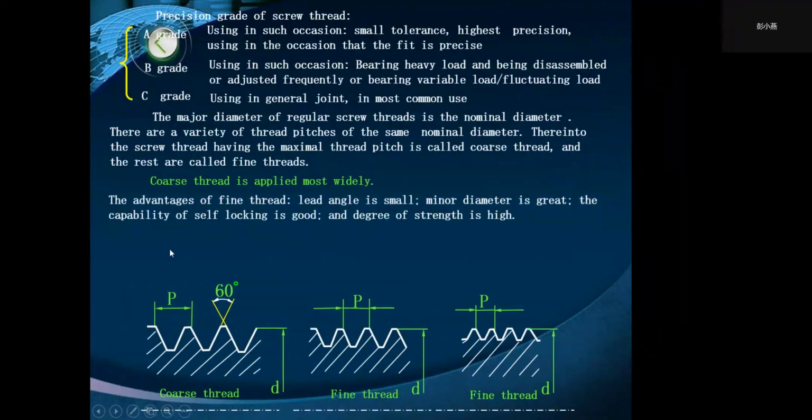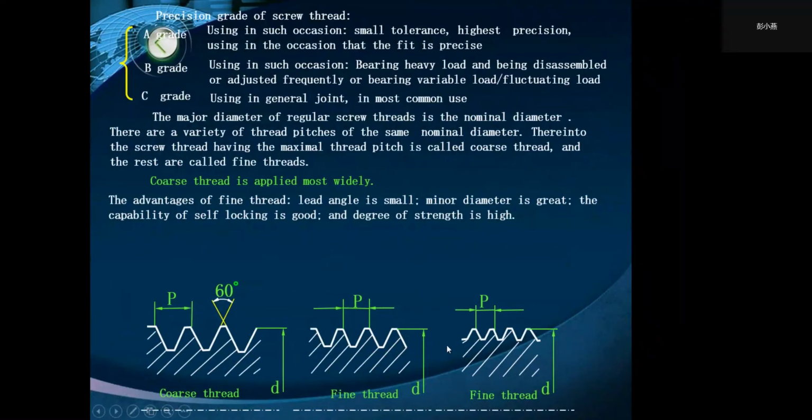And fine threads have better capability of resisting loosening from vibrations because of their smaller lead angle.